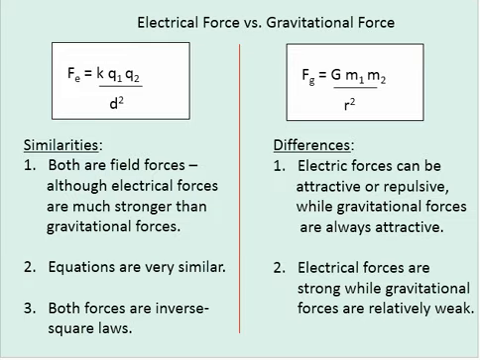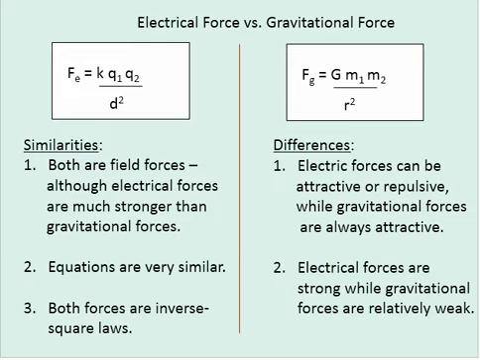Let's do a little comparison of electrical force and gravitational force, just really quick, to see how we can use one to maybe help us with the other. First of all, both the gravitational force and the electrical force are field forces, meaning that they act at a distance. They do not require contact to exert a force on an object. You can see that the equations are very similar. Right? We have a force that's equal to some constant.